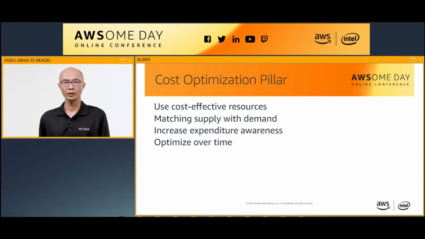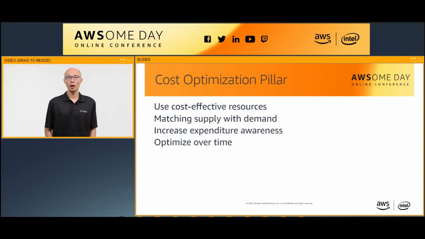The four areas that make up the cost optimization pillar include cost-effective resources, matching supply with demand, expenditure awareness, and finally, optimizing over time. A fully cost-optimized system will use all resources it has to achieve the best outcome at the lowest possible price point, all while still meeting your functional requirements.